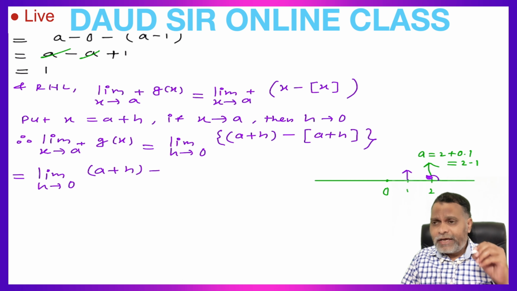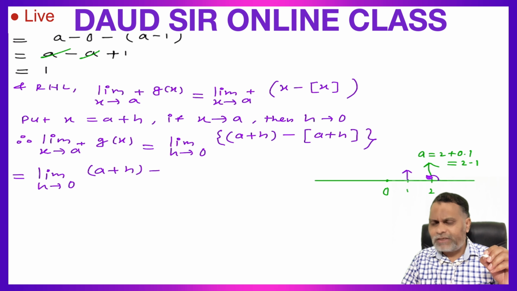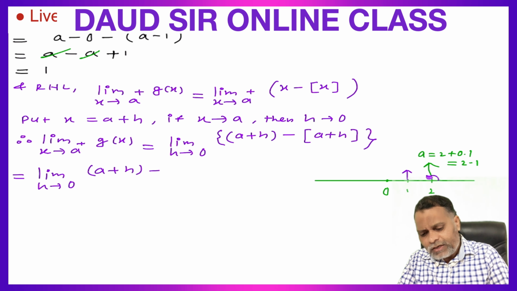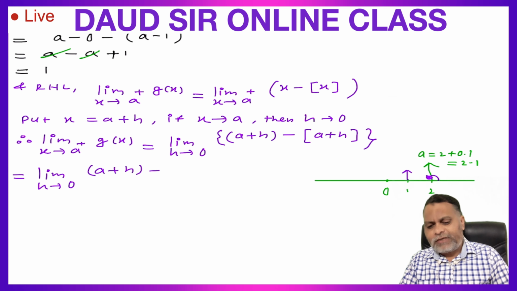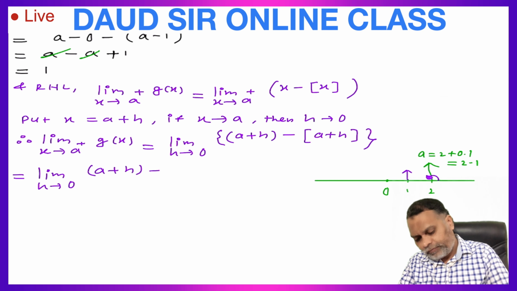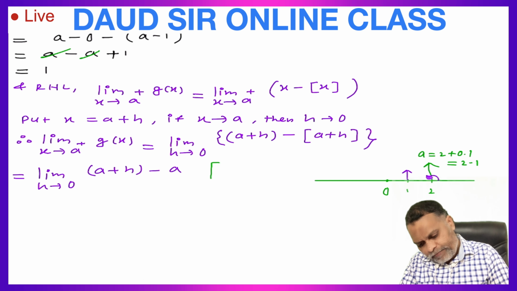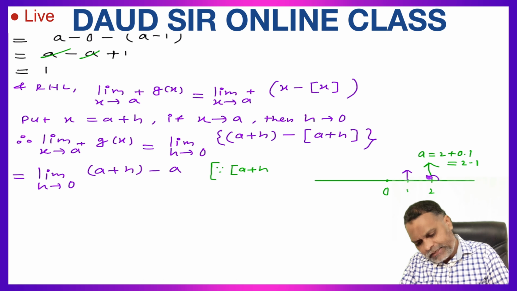When we have taken a is equal to 2, then the greatest integer is 2. Similarly, if we are taking a is equal to 1, then the greatest integer of a plus h will become 1. So in this way, the greatest integer of a plus h will be only a. We can mention here, since the greatest integer of a plus h is equal to a only.